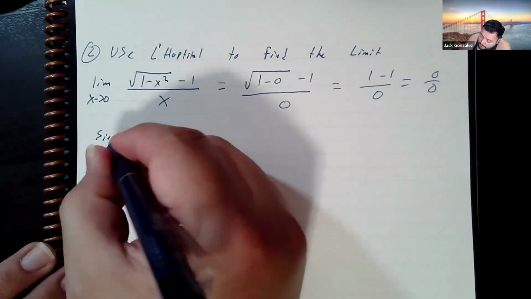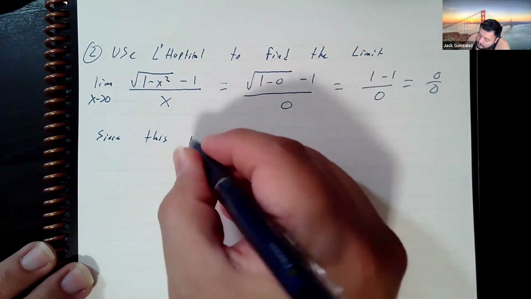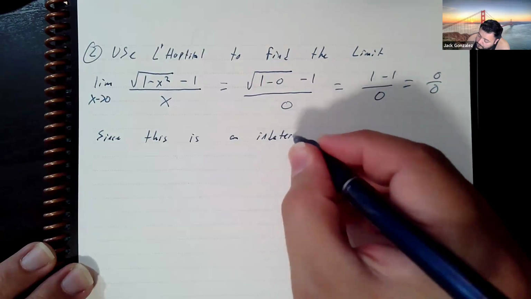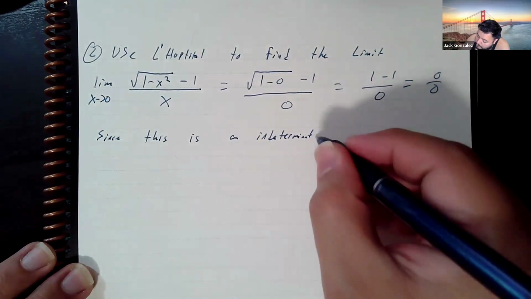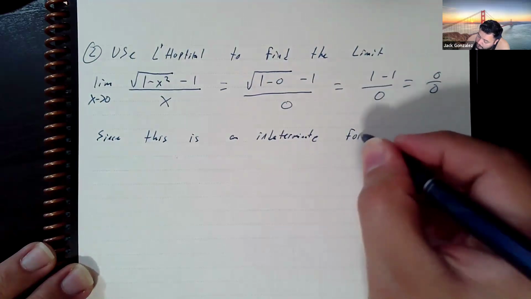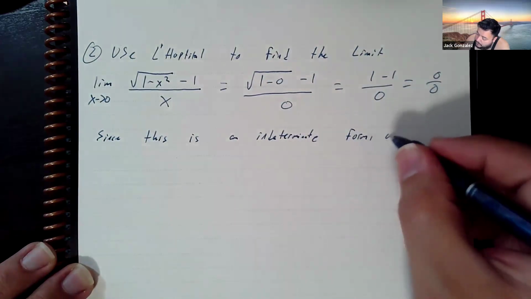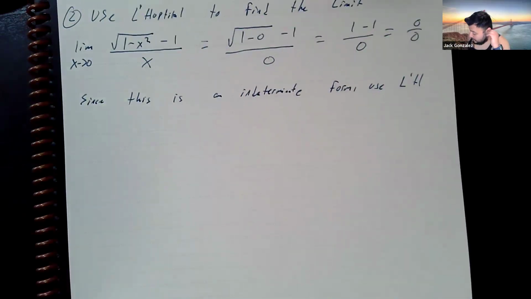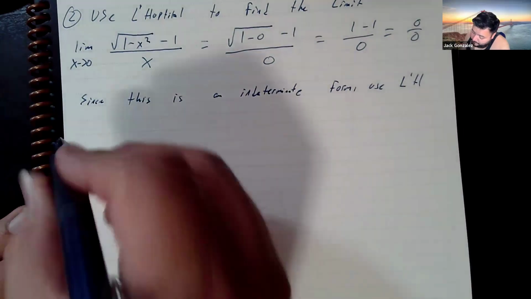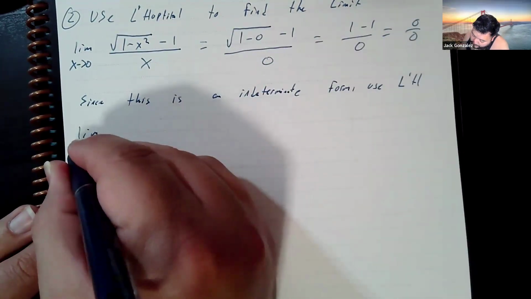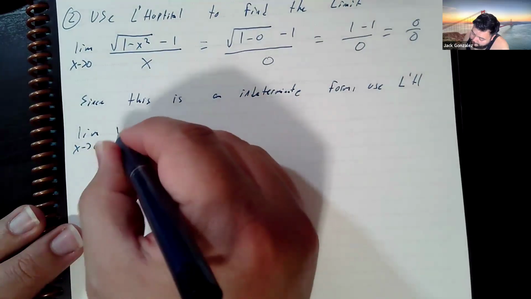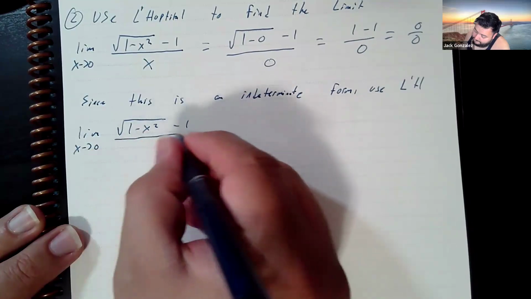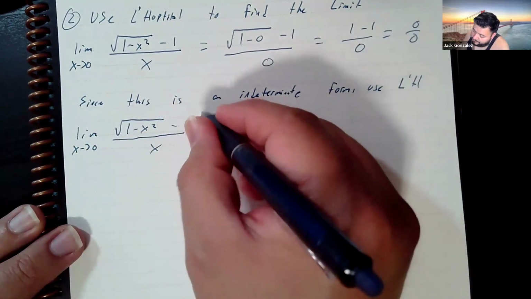But since this is an indeterminate form, use L'Hopital. All right, so I can't take the limit. So let's write it again and then take the derivatives. So let's do L'Hopital right here.